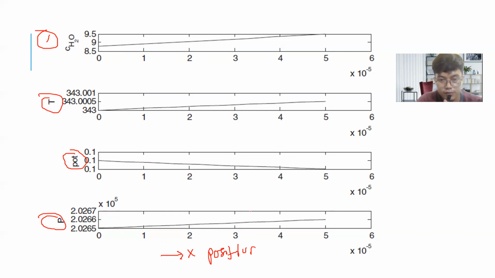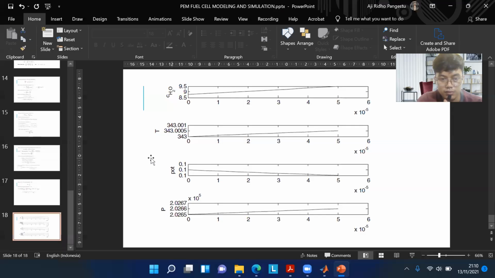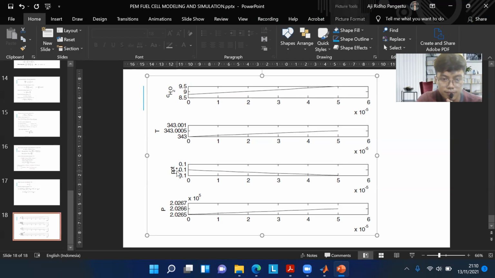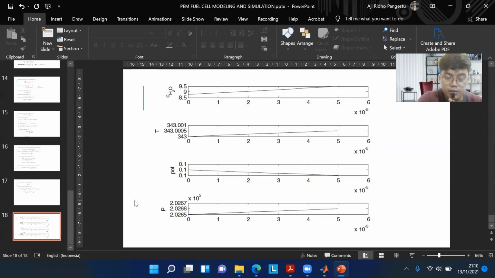The next step, we have to calculate the four variables, C, T, potential and pressure, with MATLAB programming.